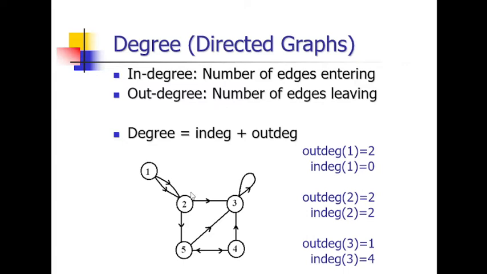You can consider the previous example. Select node number 2. There are two edges coming inside, and there are two edges going outside. Okay, that is the case. Next one.